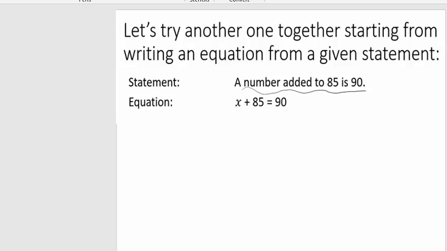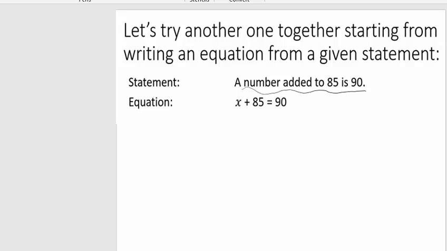Now we will try other questions that start with statements, or with words. The statement says a number added to 85 is 90.